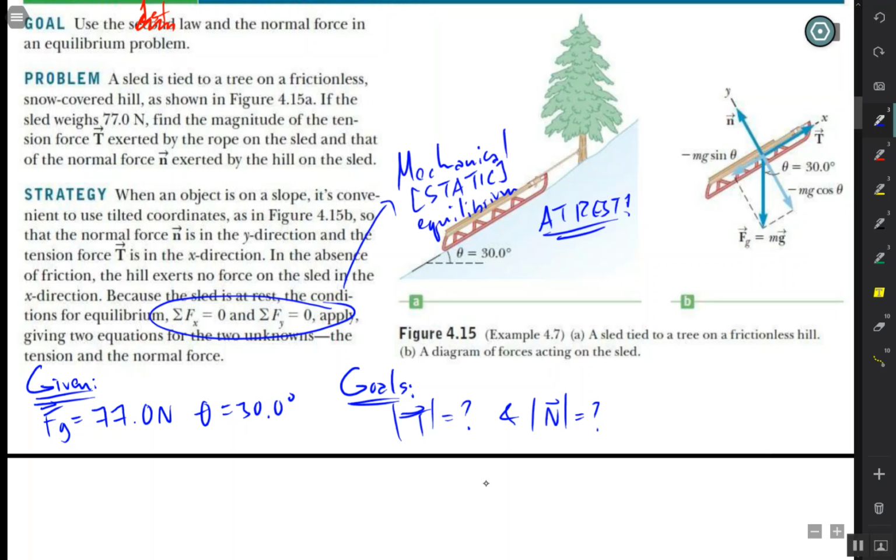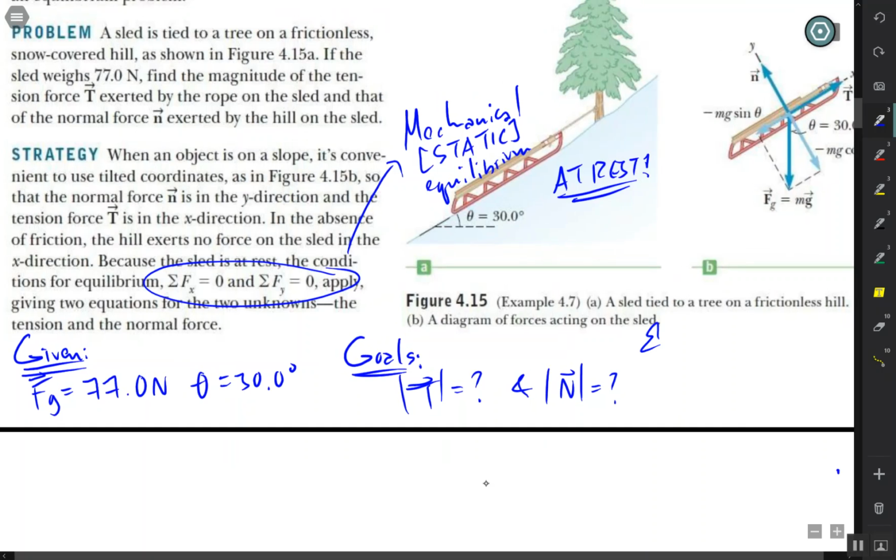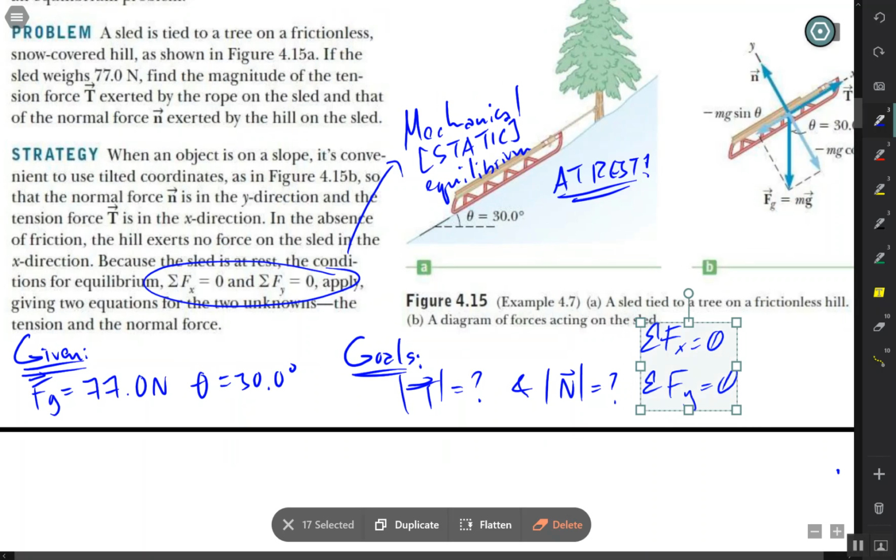It's being held in place by the tension from the rope. And we're even saying that this is a frictionless slope as well. Now the formulas that we'll need are actually these. Simple as that.